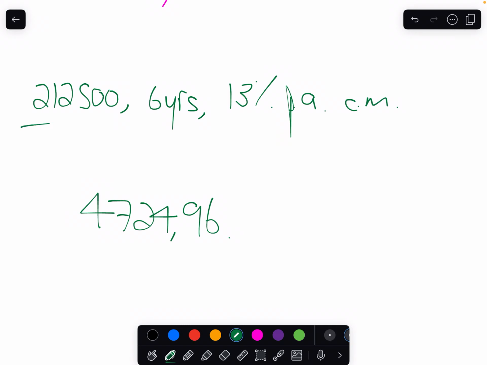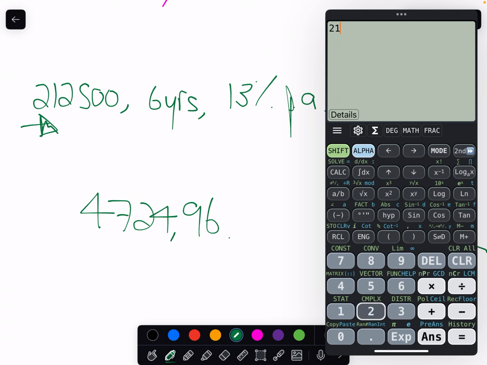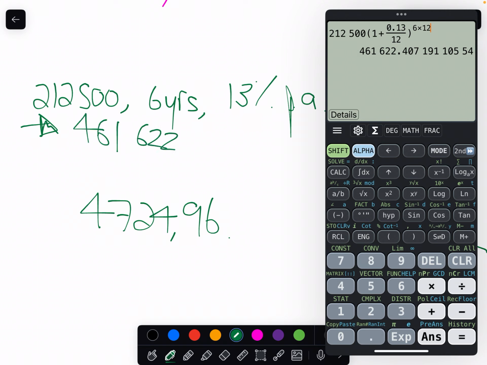So that will be 212,500 times 1 plus 0.13 over 12 to the power of 6 times 12, right? So in total, the loan will grow to this much.